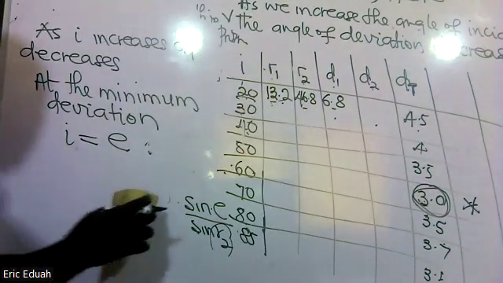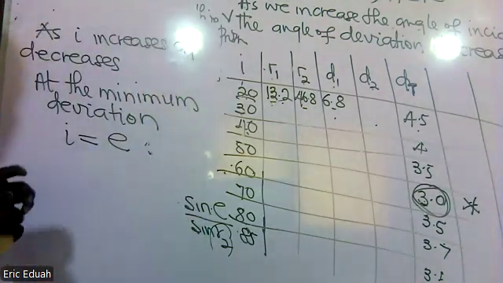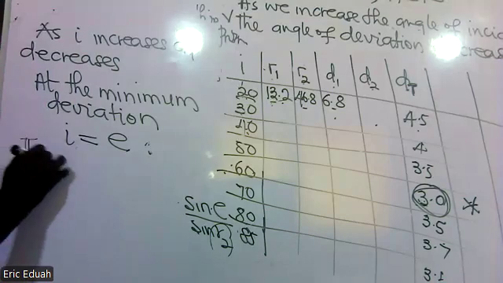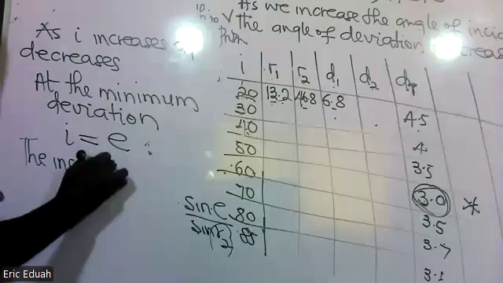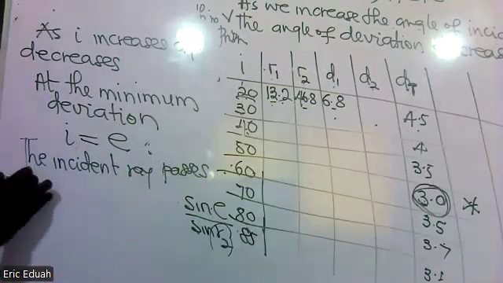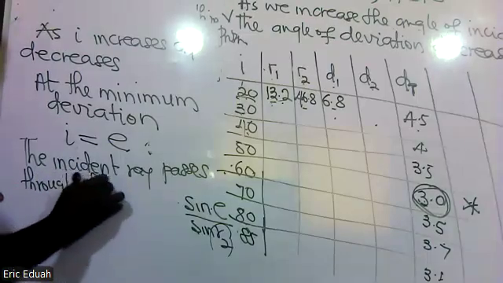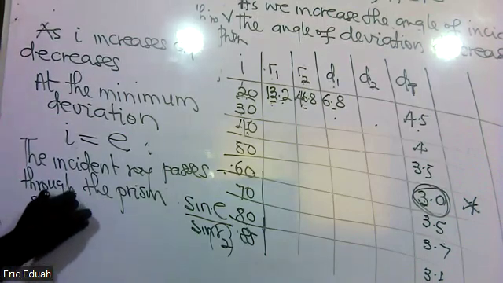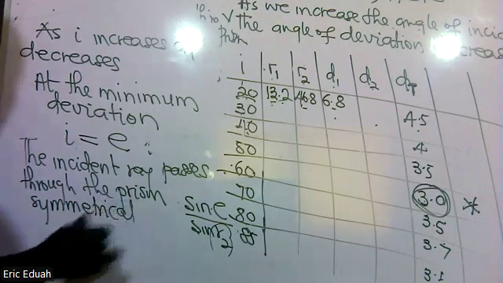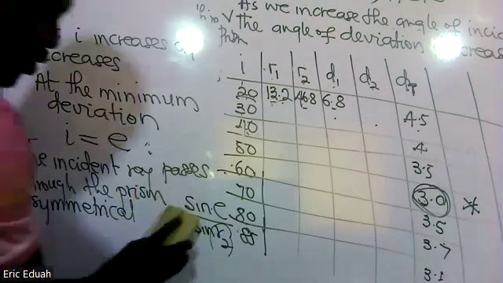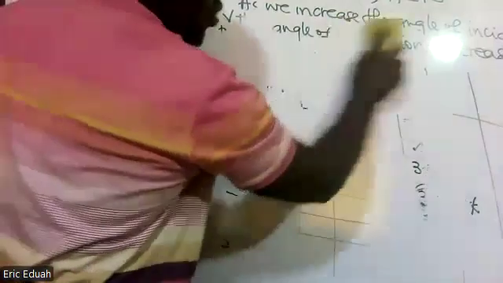Now, apart from I being equal to E, you also see that at the minimum deviation, the incident ray passes through the prism symmetrically. It's like dividing the prism into two equal parts. So I is equal to E on condition, not all this.